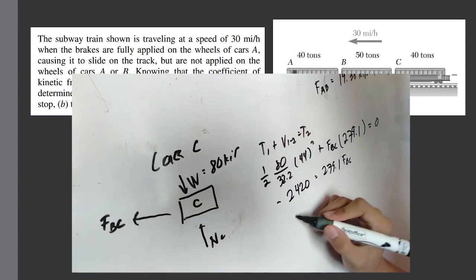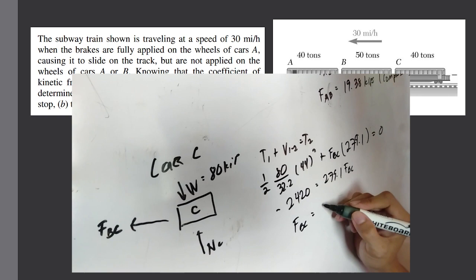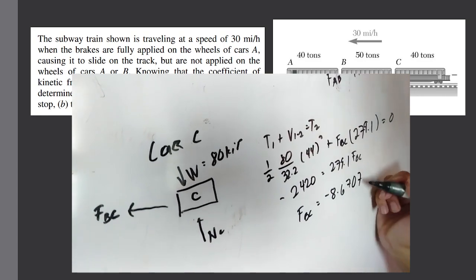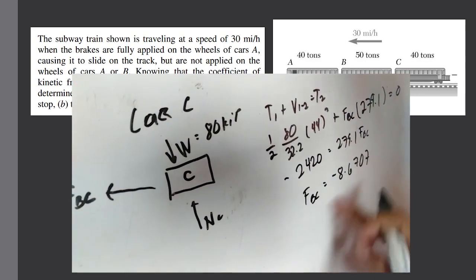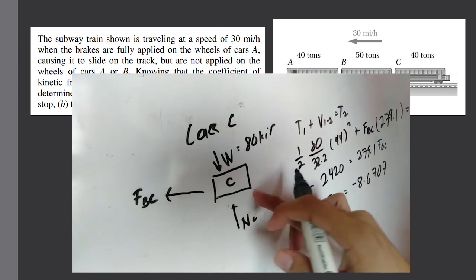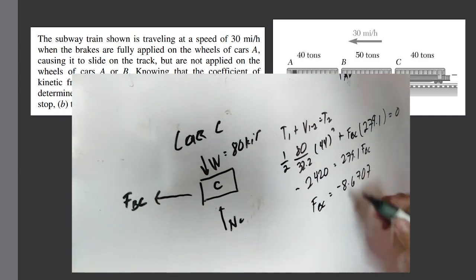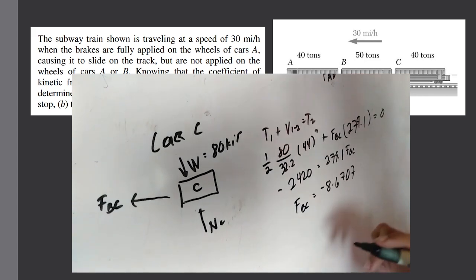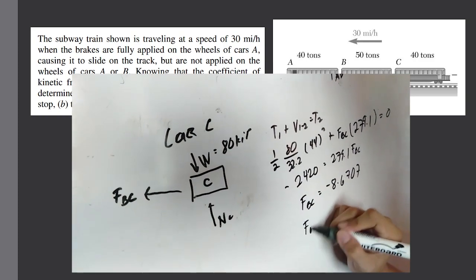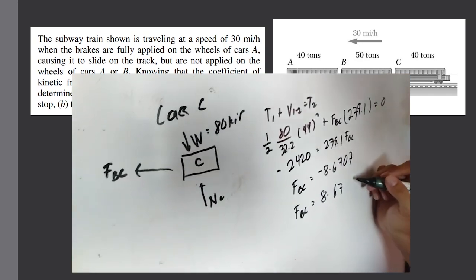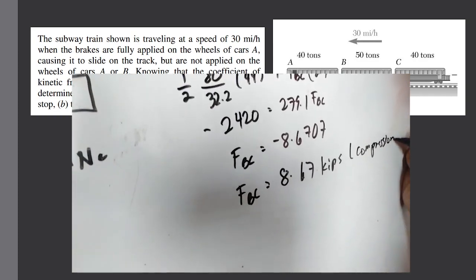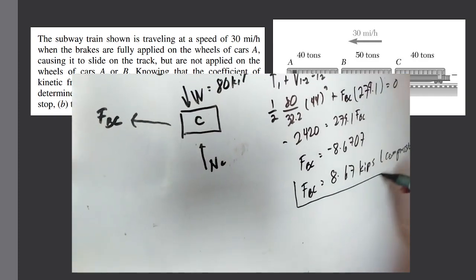We have FBC is equal to negative 8.6707. Since it is negative and we assumed tension because it is away from the weight, and the answer is negative, the answer should be positive. So instead of tension, let's make it compression. FBC equals 8.67 kips, which is compression. So, this is our answer.